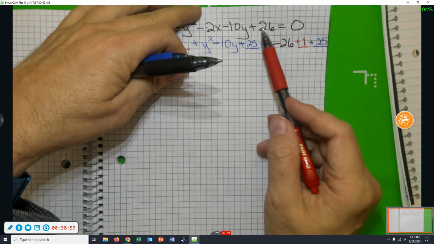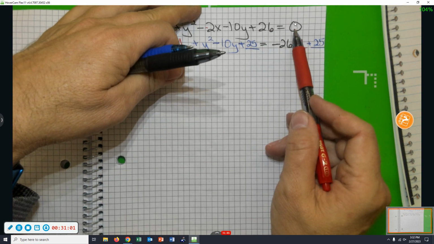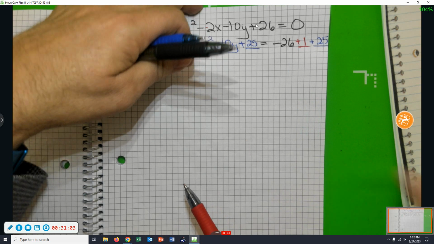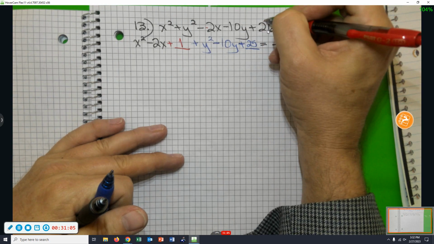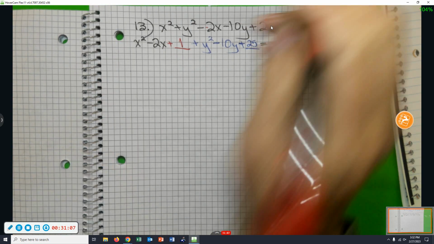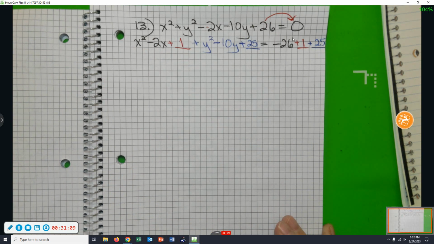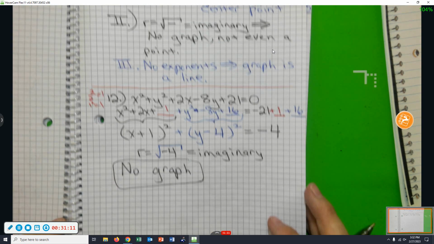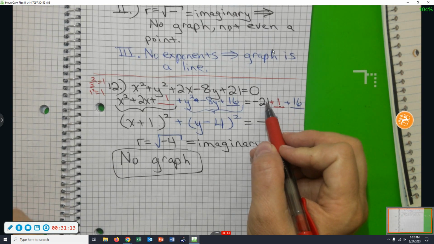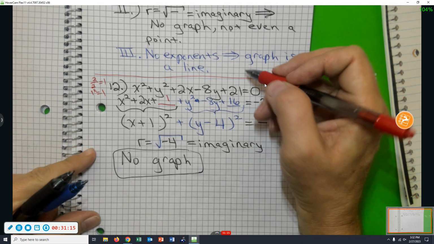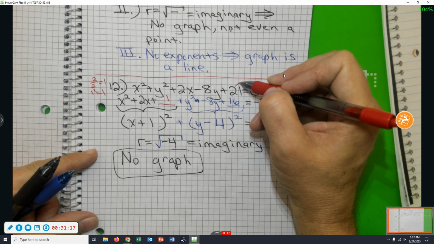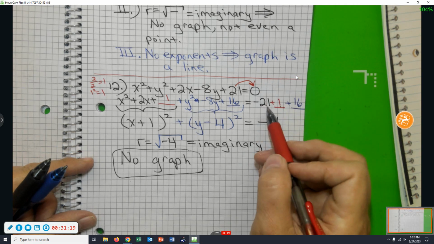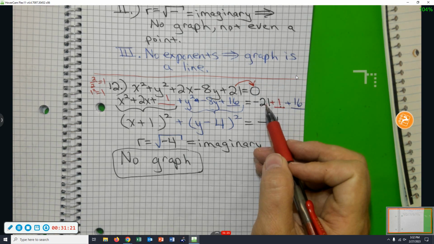I took this positive 26, moved it over, and it became a negative 26. Look back over here at this one. How'd I get the negative 21? I took that positive 21, I moved it over, it became a negative 21.